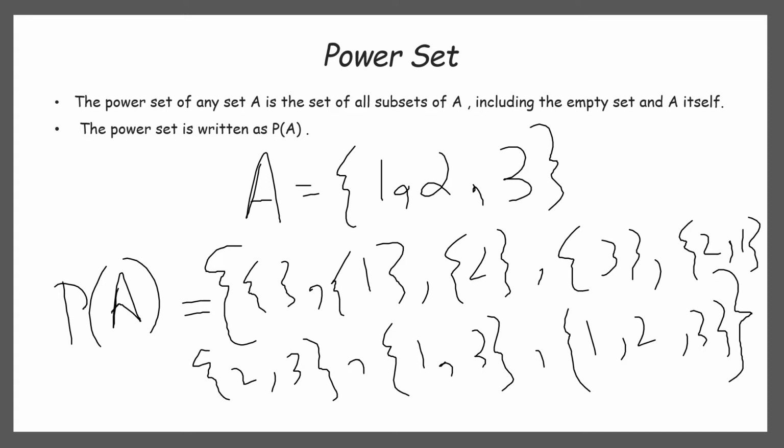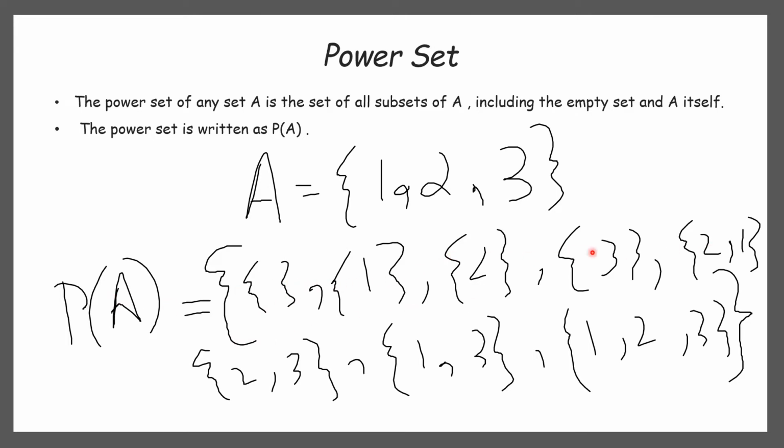Because there were 3 elements in this set, 2 raised to power 3 is 8, which means that set A has 8 subsets: 1, 2, 3, 4, 5, 6, 7 and 8. So we made another set which contains all the subsets of this given set. So power set is a set which contains all the subsets of A.